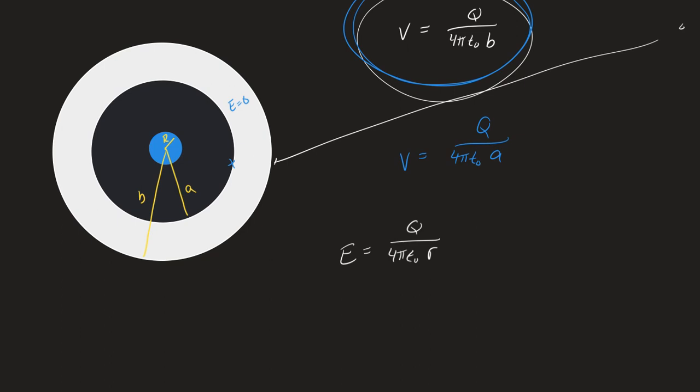But inside this space, there's no electric field. So the electric potential here has to be the same as the electric potential there. Which means that if this is at the outer surface B, when we go to the outer surface A, the electric potential is still the same value as it was on the outside surface because the electric field is 0 inside the conductor.